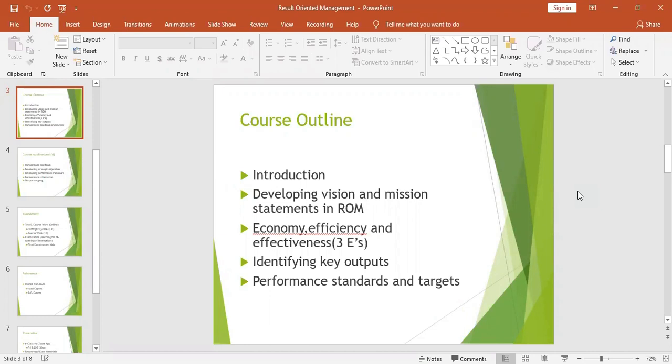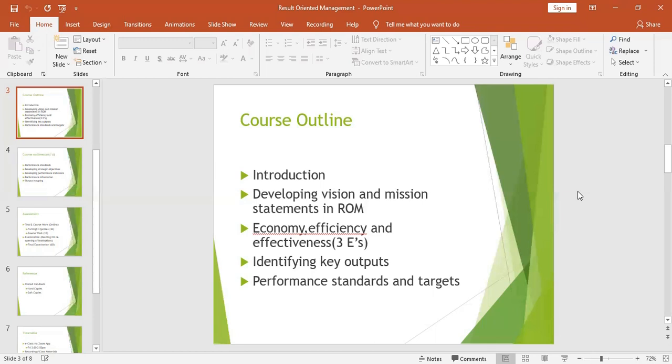And there is a saying to reflect upon. There are 3 types of managers in every organization. There is the first manager who makes things happen. There is a manager who watches things as they are happening. Then there is also another manager who does not know what is happening.